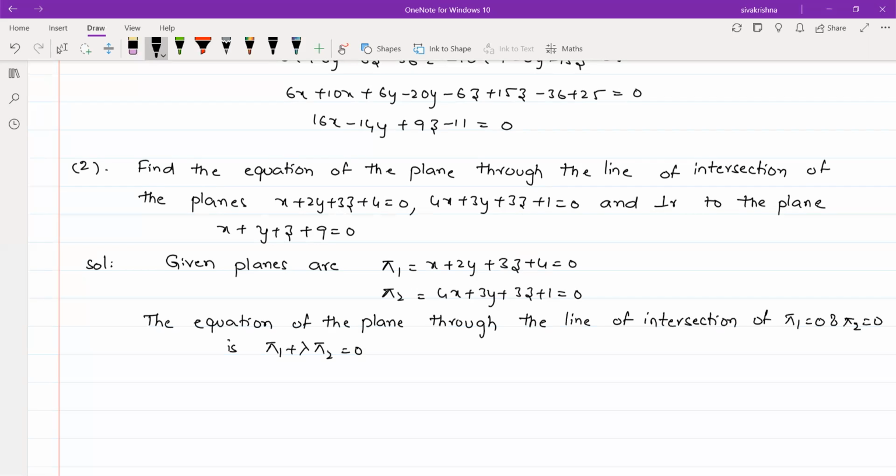So this is the definition of the equation of the plane passing through the line of intersection of two planes. So one is pi1 and the second one is pi2. So the formula is pi1 plus lambda pi2 is equal to 0.